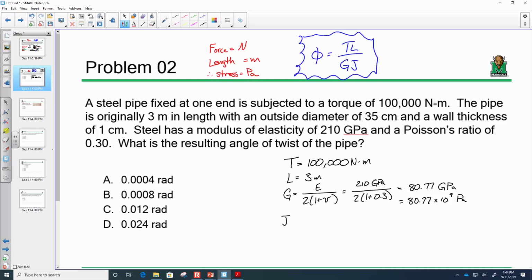Non-circular cross-sections like to do something called warping. When you twist something that's circular, before and after, it remains plane.